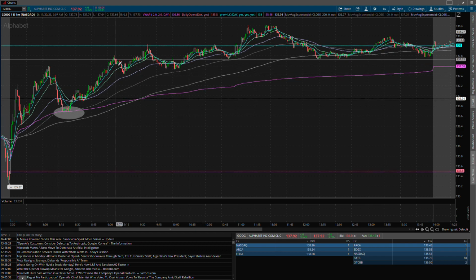And if I can somehow survive this flag right there, okay, I would be able to take profit on this one here. So that would be 137.7, about a 100 point move right there.